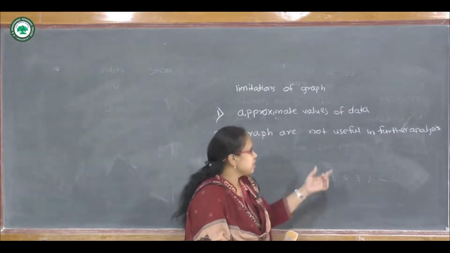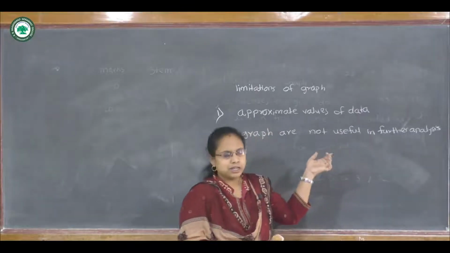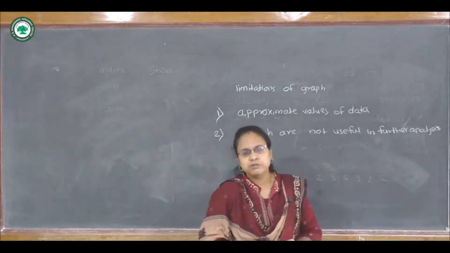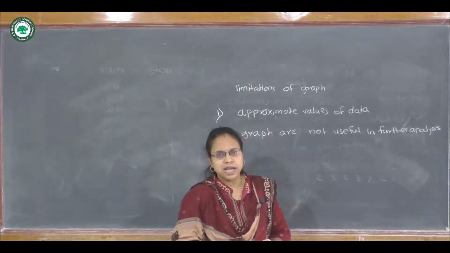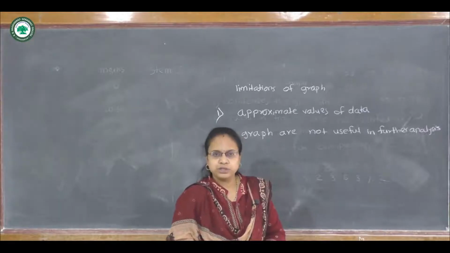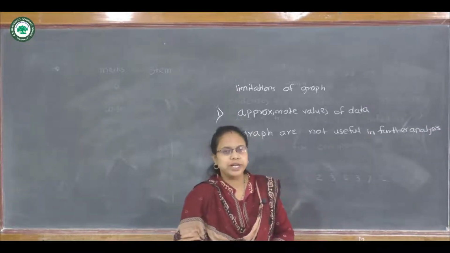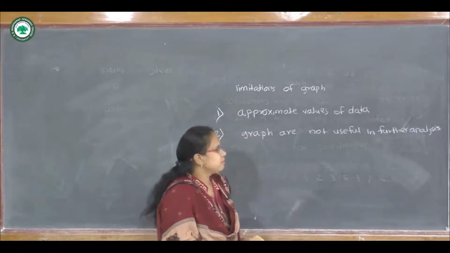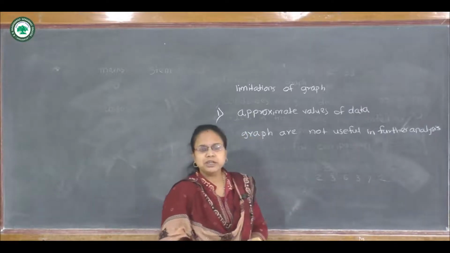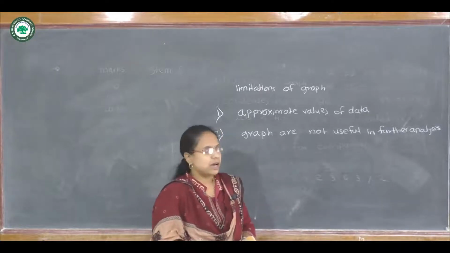Graphs are just a representative method for the data, so they are not useful for further statistical analysis. They just give us an idea about the nature of the distribution, and the nature of that distribution will be clear from the graph. These are two limitations of graphs.